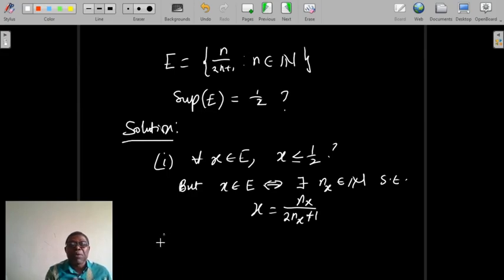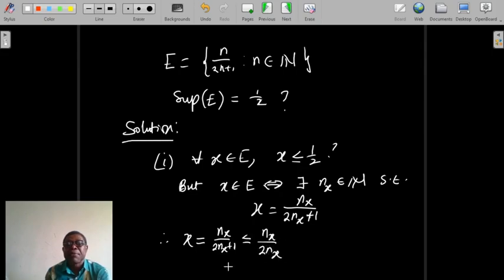Therefore, looking at this, we see that x equals n_x over 2n_x plus 1 is actually less than or equal to n_x over 2n_x. This is true because the denominator in the first quotient is bigger than the denominator in the second quotient by 1.